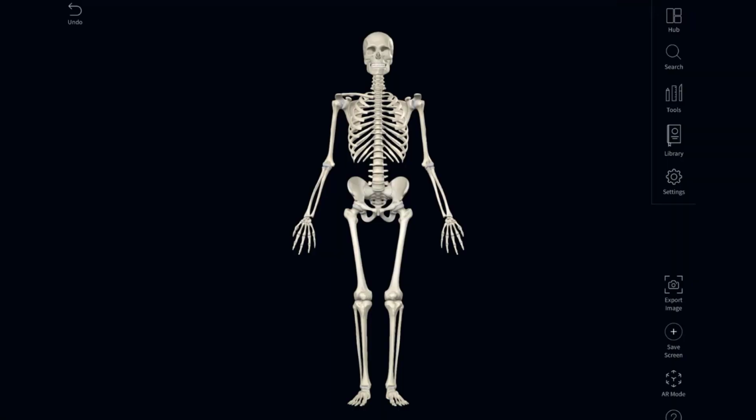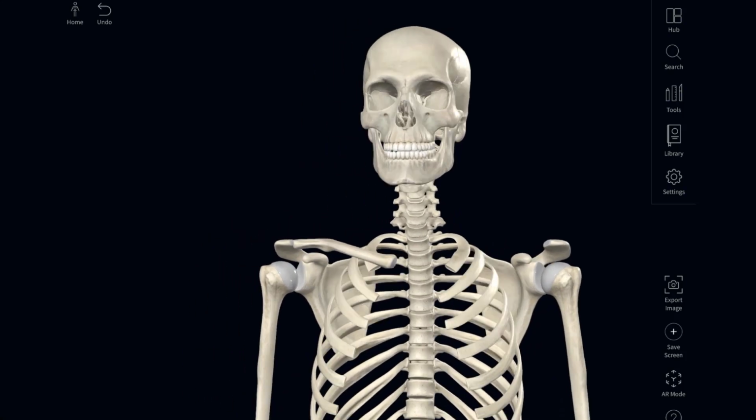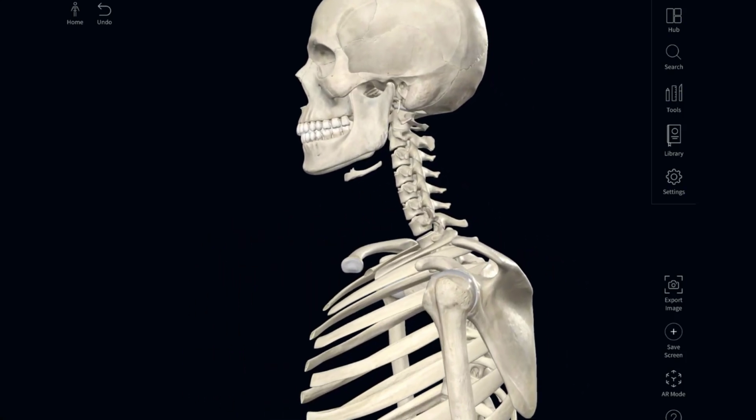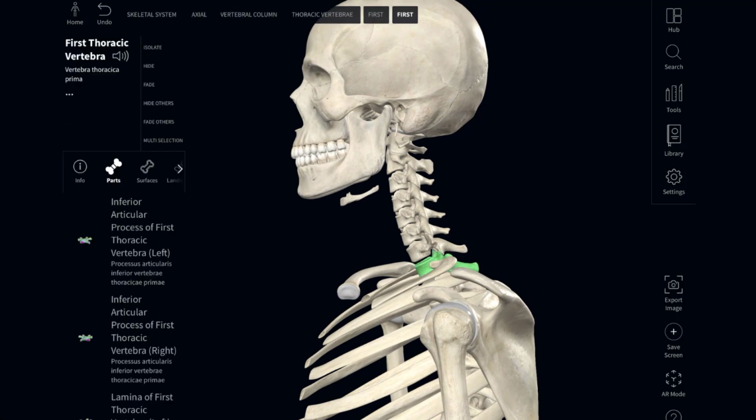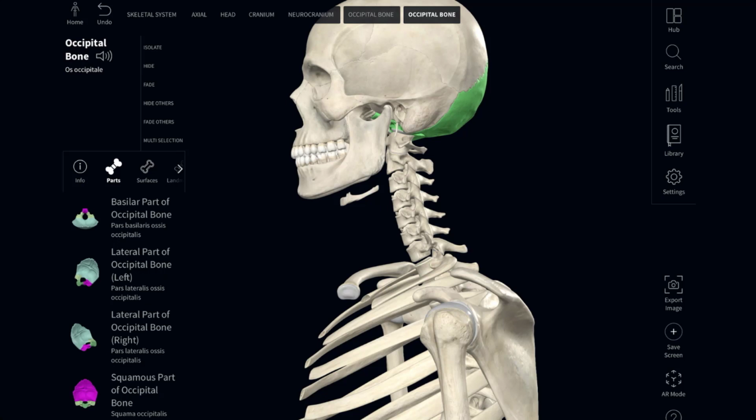Let's begin. Today, we are discussing cervical vertebrae, which is actually located between the first thoracic vertebra and the skull, specifically the occipital bone.